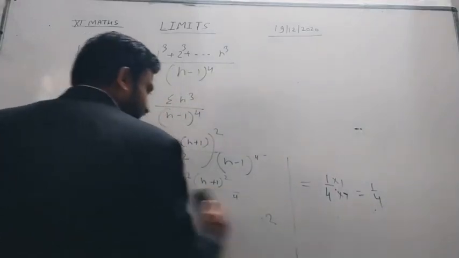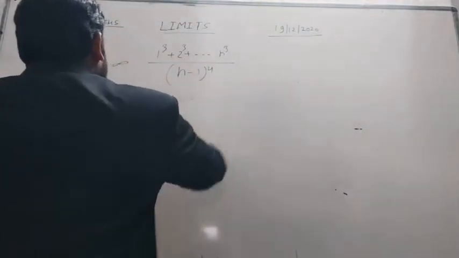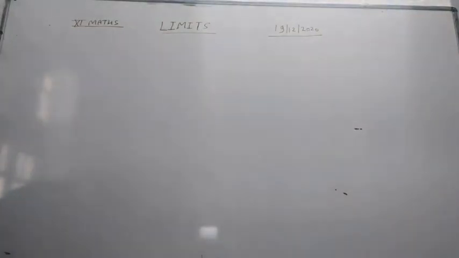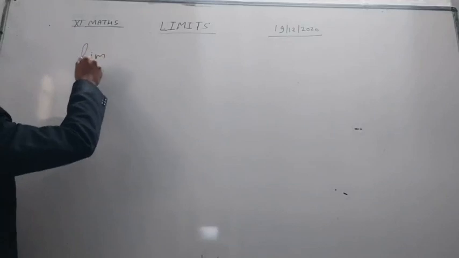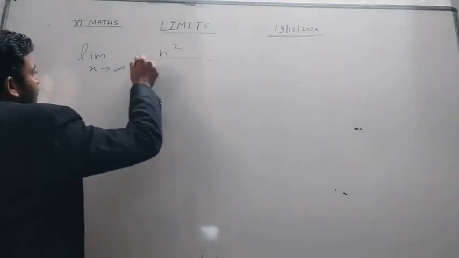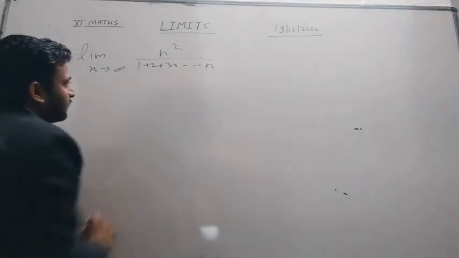The next question is the limit as n tends to infinity of the square root of n square by 1 plus 2 plus 3 plus dot dot dot n.